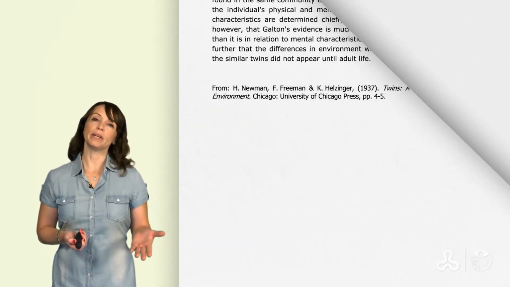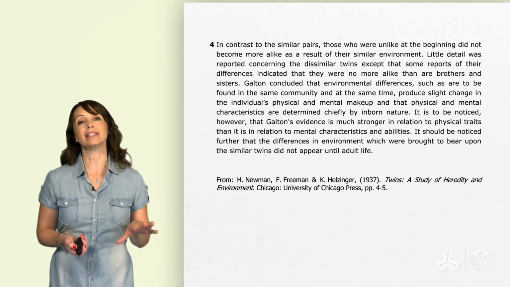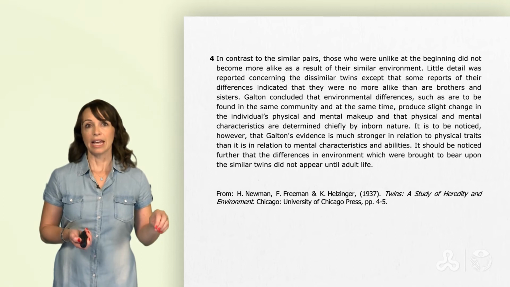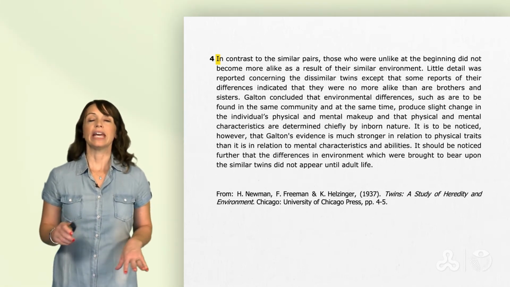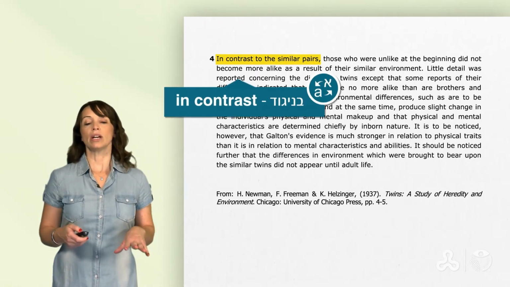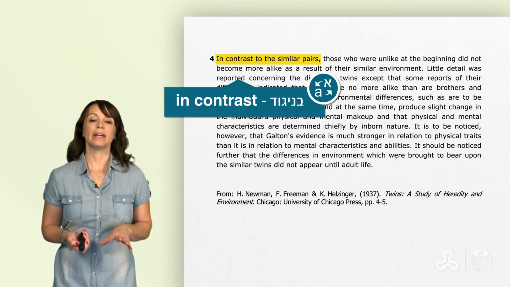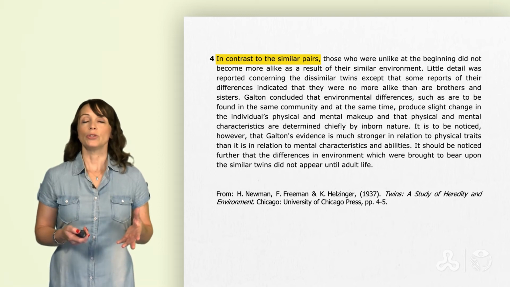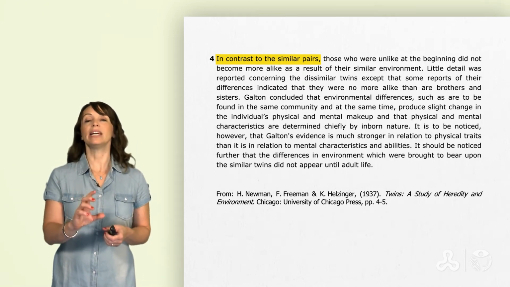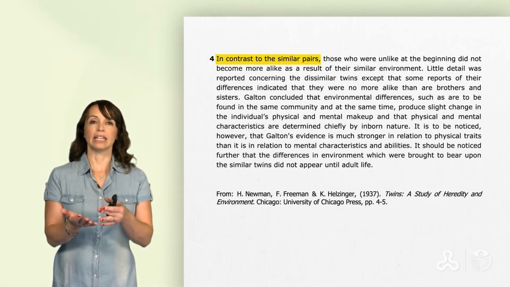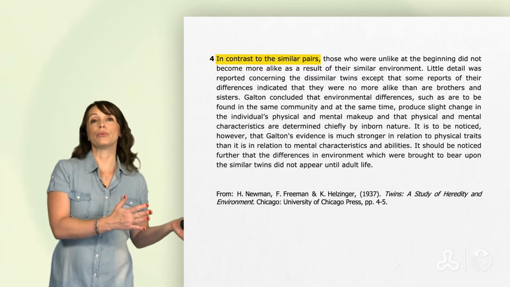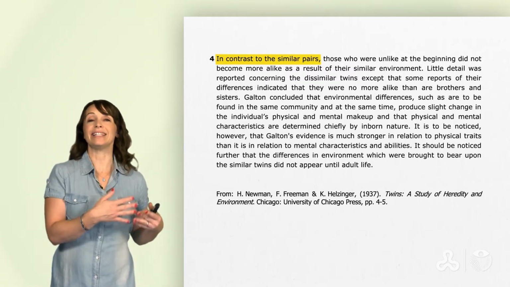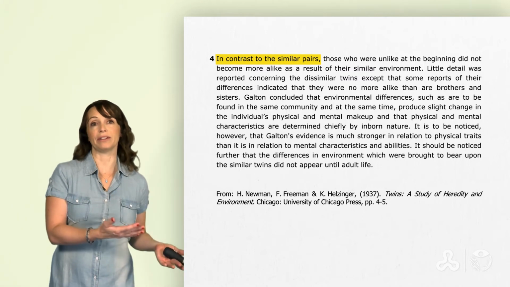Okay, so remember, when we see the words in contrast, we really need to think carefully: in contrast to what? So look at the beginning of paragraph 4. This is our last paragraph of the text. It begins with the words, in contrast to the similar pairs. So what this tells us is that in paragraph 3, we were focusing on the identical twins, the similar pairs.